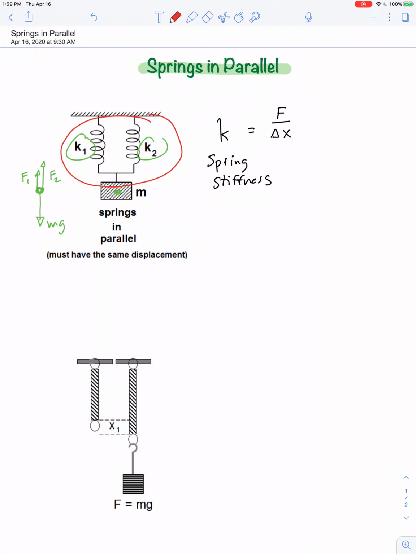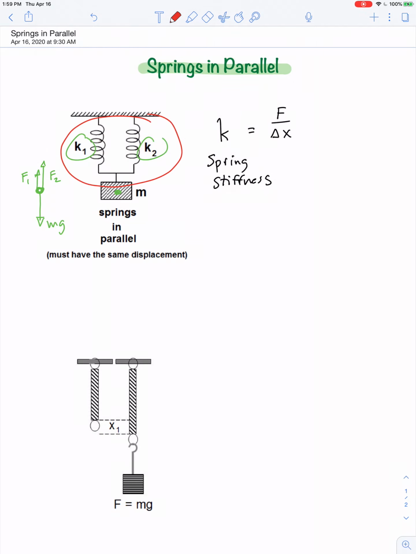Well, the effective force, according to Hooke's law, would be the effective k value multiplied by that common displacement delta x. Or we could say, according to Hooke's law, that k1 times delta x is the force in spring number 1. Added to that, k2 times the common value of delta x for the second spring has to equal mg.